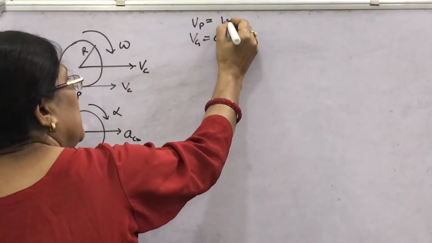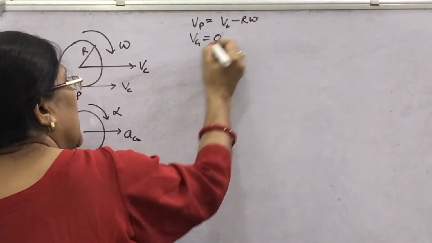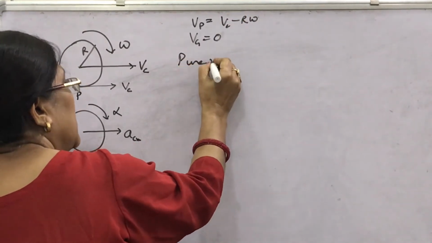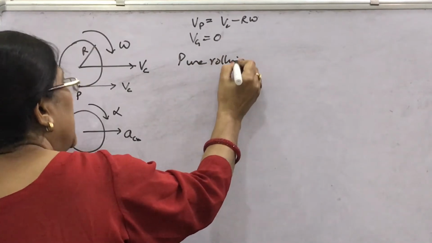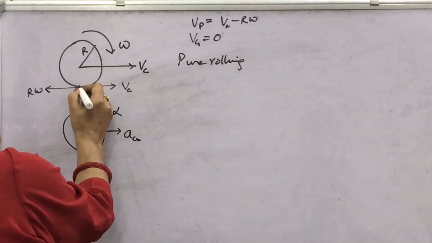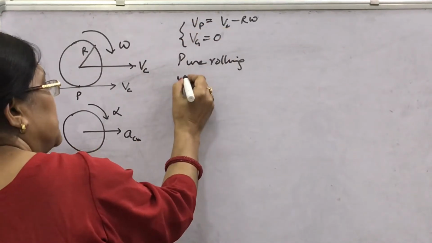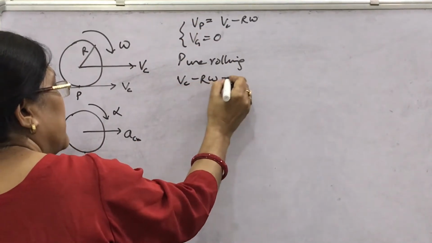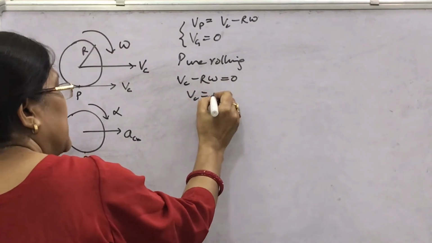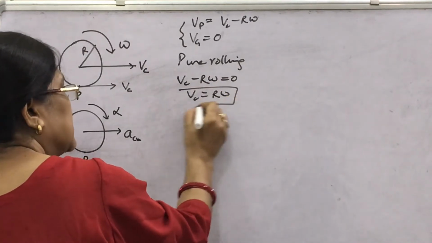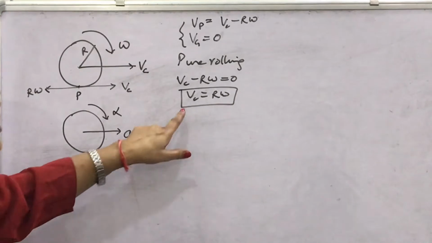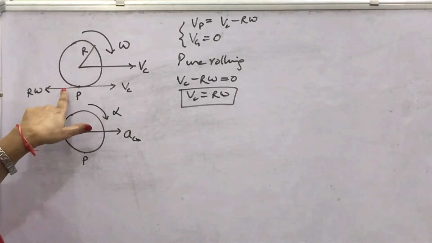So this is Vc minus r omega. So for pure rolling, there should be no relative motion between the lowermost point and the ground, or you can say that this difference should be 0. So Vc minus r omega is 0. Hence Vc equal to r omega.